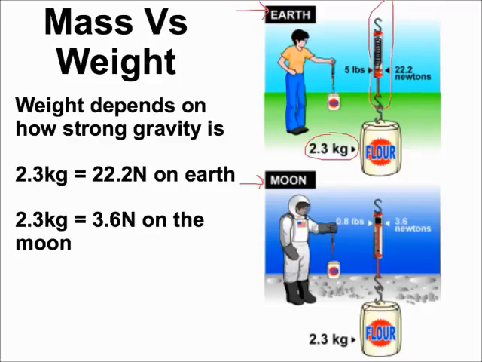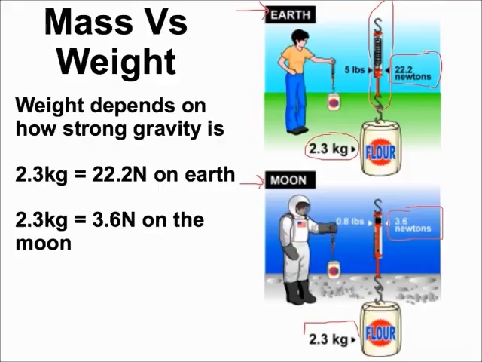And hopefully you're a little more familiar with those now as well. When you hang this bag of flour from the force meter, you can see that it has a weight of 22.2 newtons on Earth. If you took this whole system up to Mars and hung that bag of flour on this force meter, now the bag of flour would have a weight of 3.6 newtons, even though it still has a mass of 2.3 kilograms.